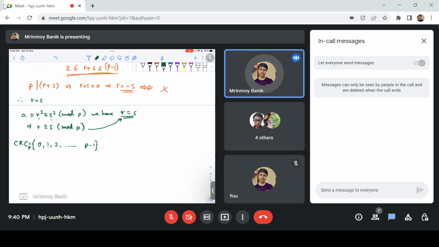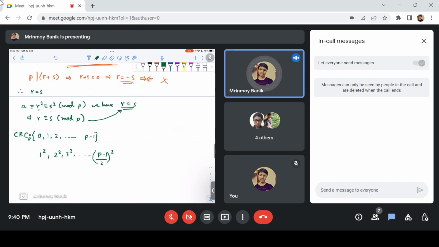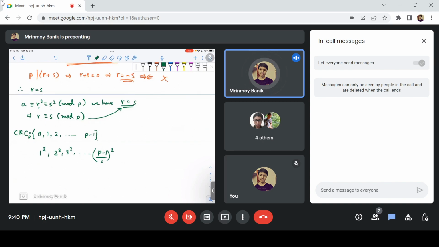So all of them can only be other perfect squares. So they satisfy our first claim, that each one of them is less than or equal to p minus 1 by 2, when divided mod p.